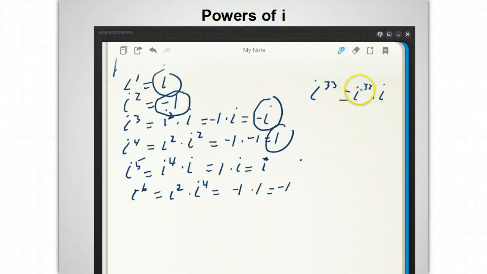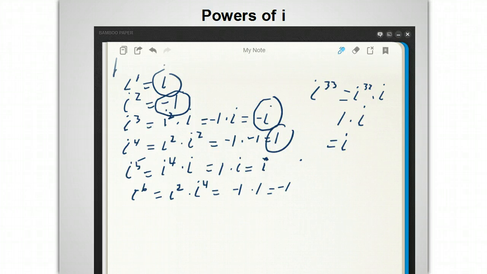Well, i to the 32nd, I think we can conjecture, is the same as i to the fourth, because 32 is a multiple of 4. So i to the 32nd is 1. So i to the 33rd is 1 times i, which is just i. So anytime you consider a power of i, it's going to be one of these 4 values.